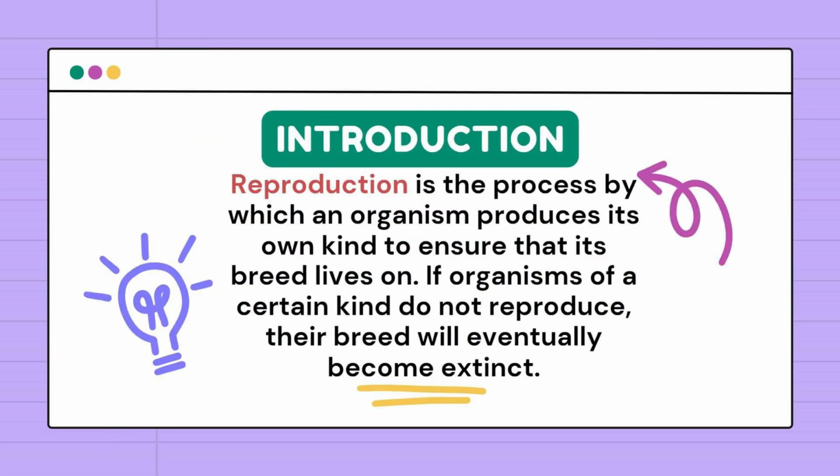So, when we say reproduction, it is the process by which an organism produces its own kind to ensure that its breed lives on. Ibig sabihin, it is the multiplication of the same organism through the division of the cell.